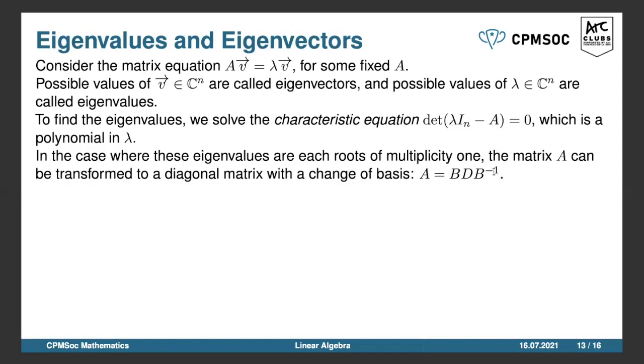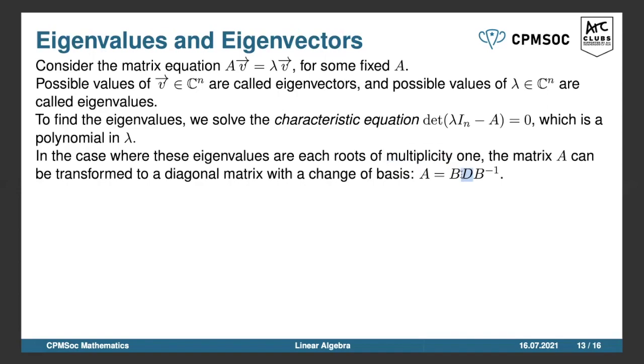in that case, we can actually use this set of eigenvectors, each of which has multiplicity 1, as a new basis in which to write our matrix.